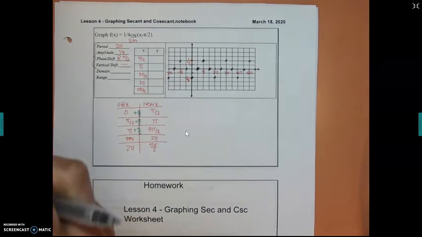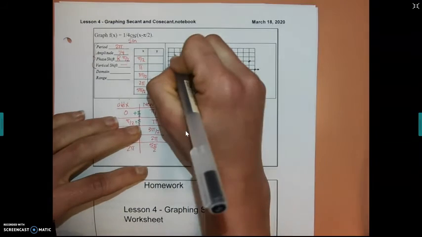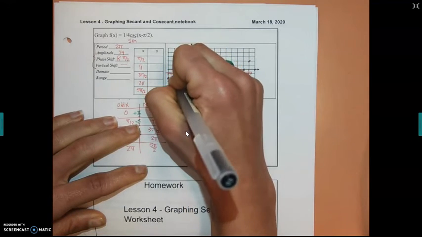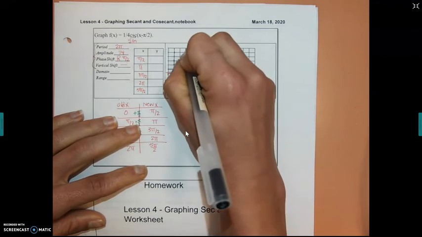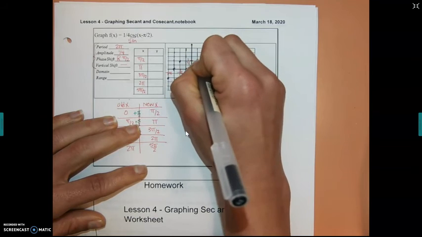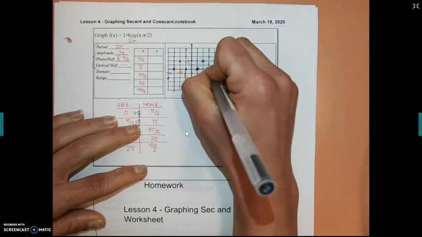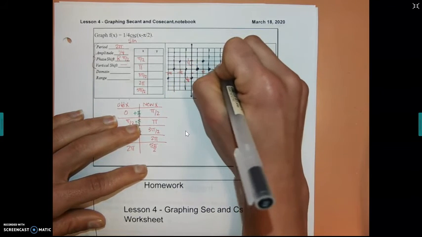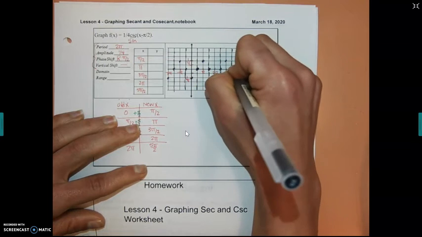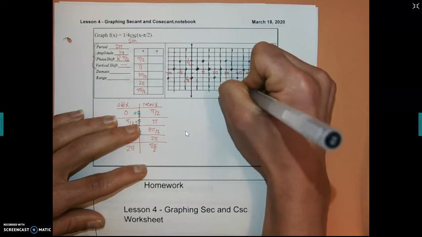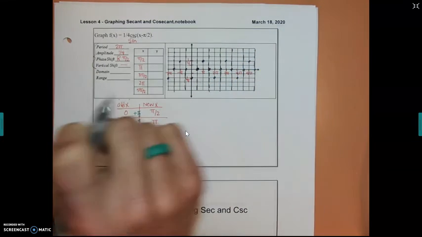It's cosecant. So I'm going to put in now any place where my function has a 0, I'm going to put in asymptotes. So all of these zeros, anywhere that the sine is 0, or we have a midline point, that's going to become an asymptote. So all of these values are asymptotes.